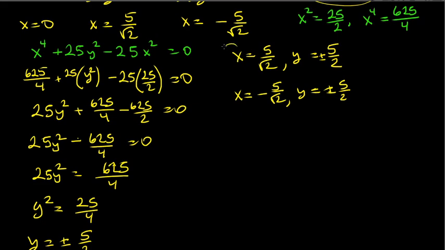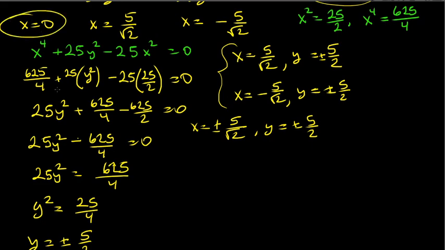So we really get 4 separate points here, right? Where x could be positive or negative 5 over the square root of 2, and y is positive or negative 5 over 2. Right. Oh, what about x equals 0?